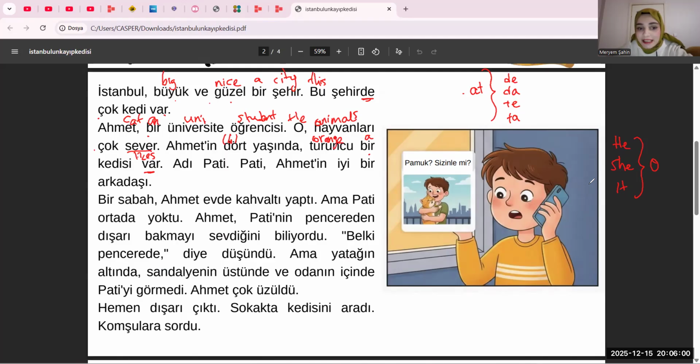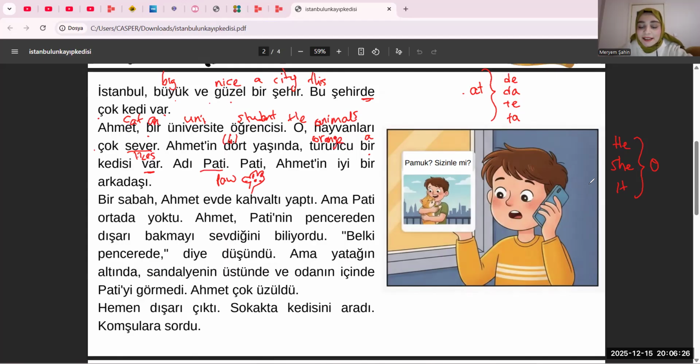Adı, its name, Pati. I think that's quite a good name because pati also means paw. It's the hand of a cat. Their paws look like this. I'm not good at drawing, I'm sorry.